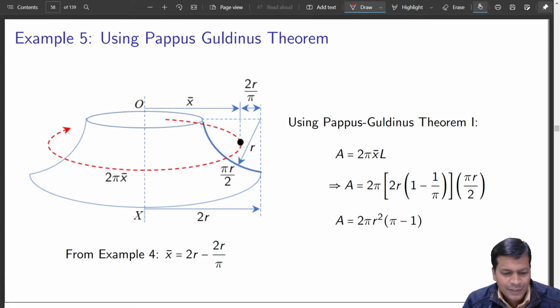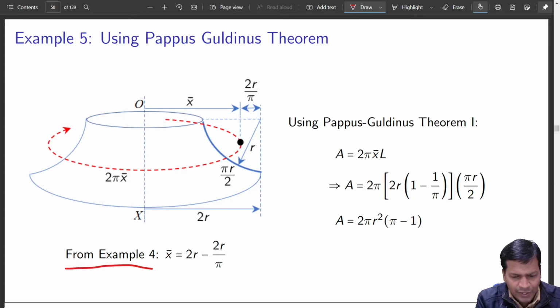Okay, so from example 4, why I have directly used this, let me just tell you. So this is your small generating surface. This is a generating surface, that is, first let me explain this question itself.